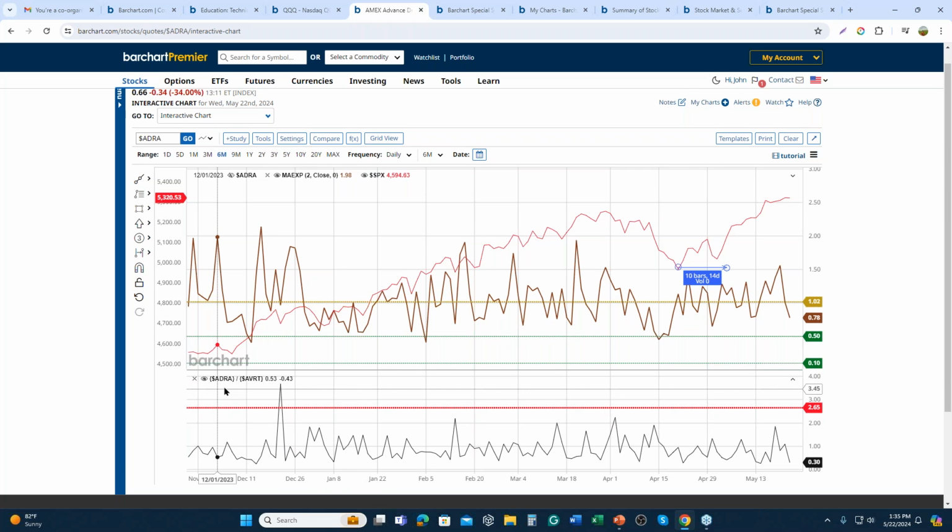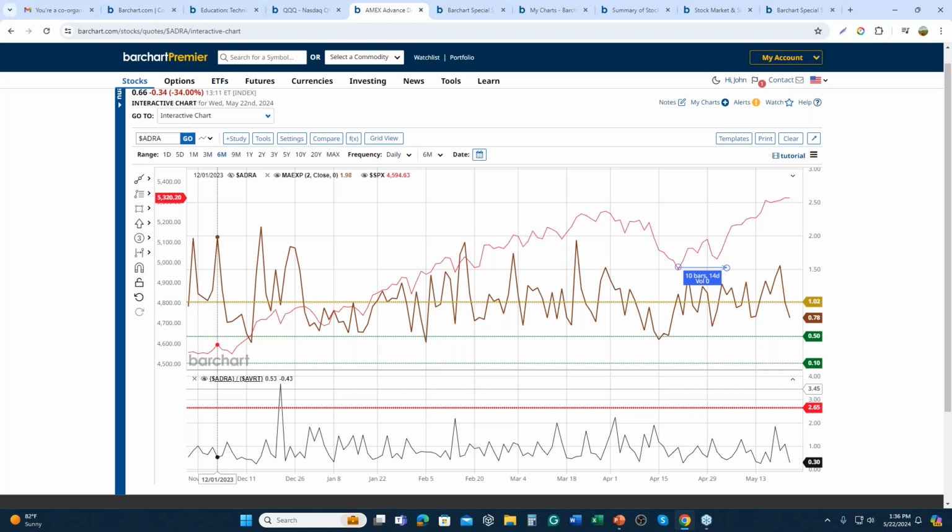I'm going to create an expression based on two breadth indicators: the advance decline ratio, and the AVRT, which is the advance decline ratio in terms of volume. If I divide those, that is what is called the ARMS index.